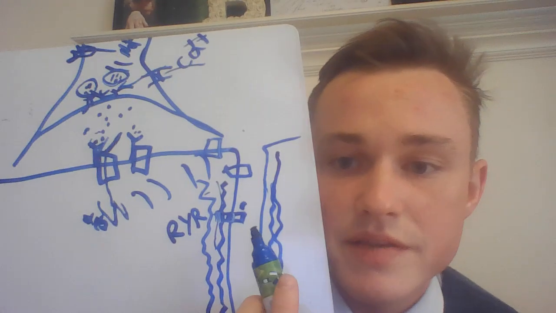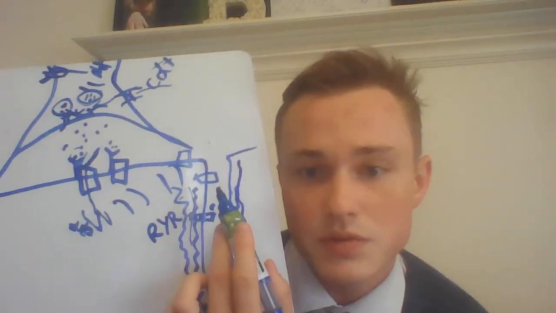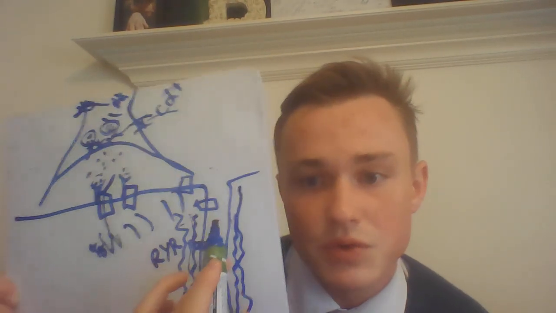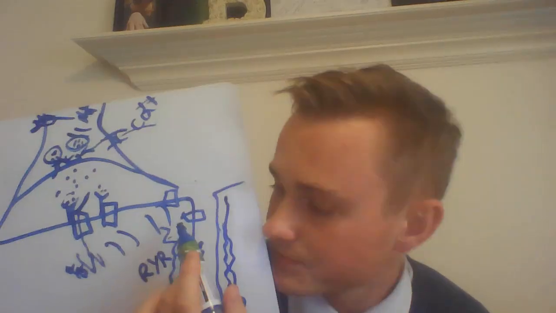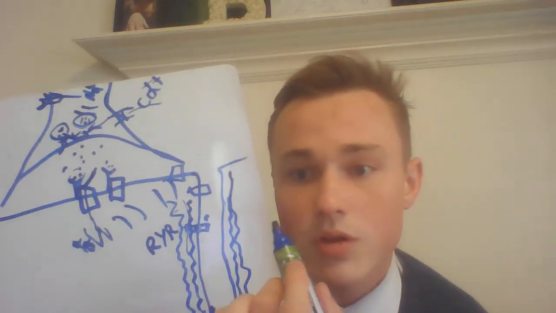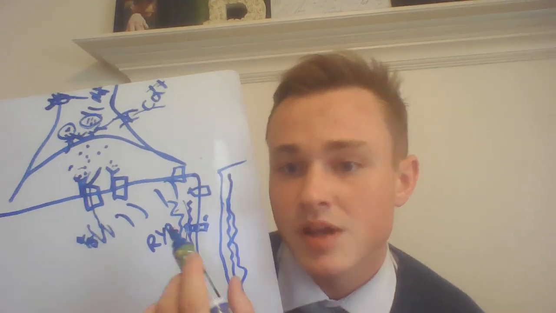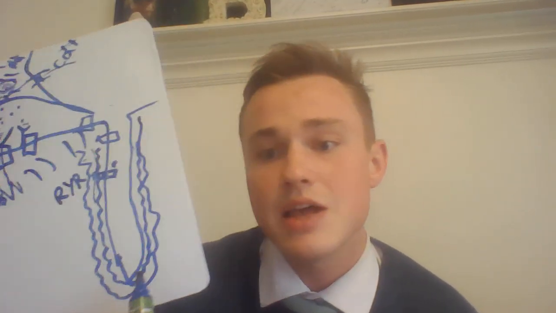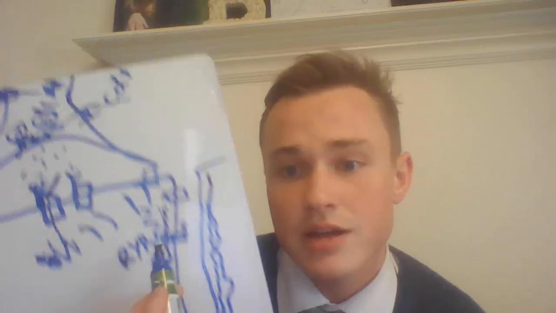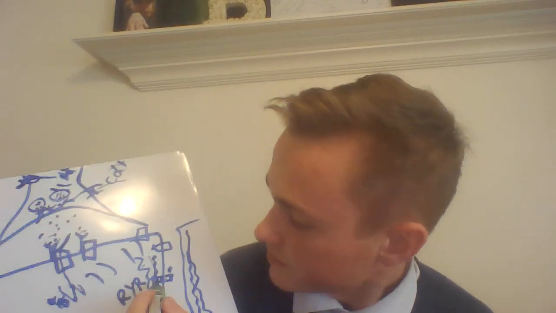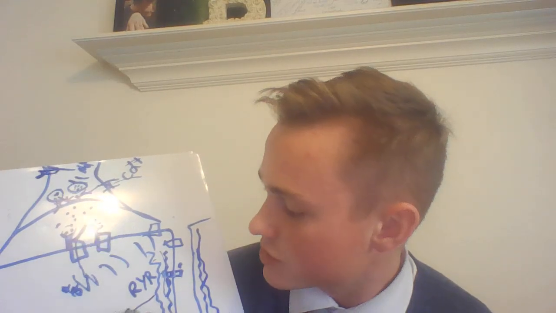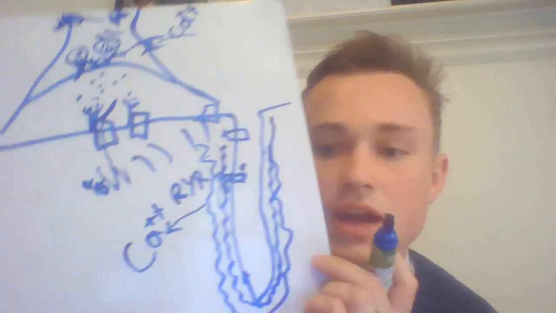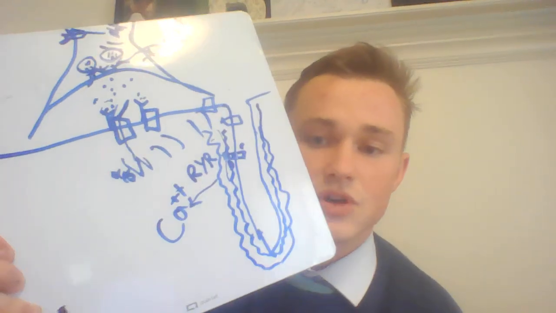So the DHP senses the positive electrical pulse, basically, from our voltage-gated sodium ions, and it'll pull RYR open. When this happens, because we have all the calcium inside of the SR, it will rush out down its concentration gradient, and we'll get a huge increase of calcium into the rest of our cell.